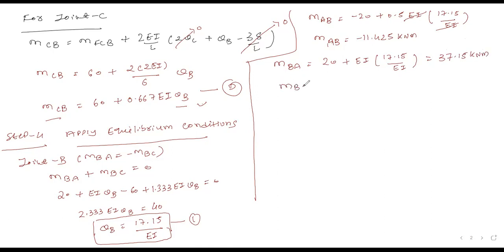Similarly, MBC should be equal to, see the equation we have written here, minus 60 plus 1.333 EI. What is the value of theta B? 17.15 divided by EI. Please tell me what is the value of MBC? Minus 37.19. Now just compare MBA and MBC. What is the value of MBA? 37.15, and MBC 37.19.